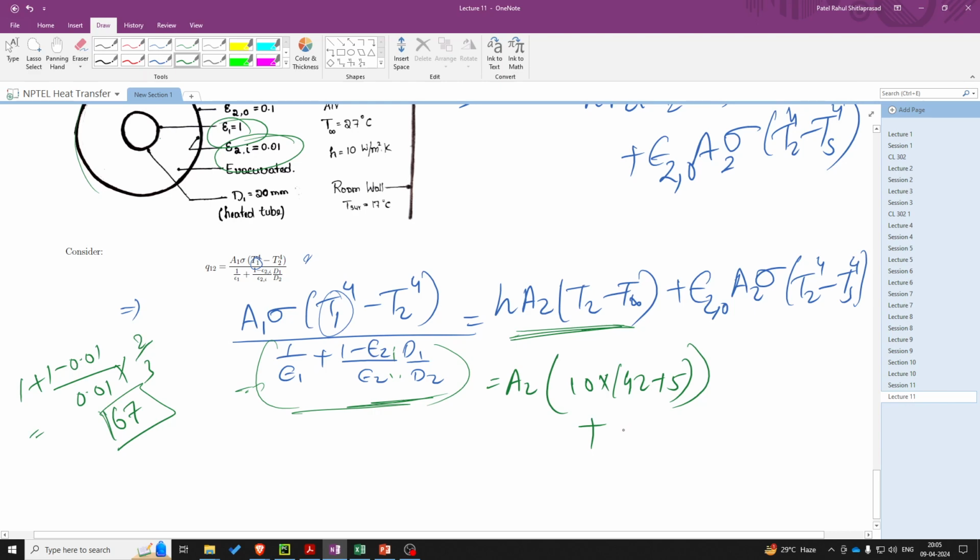Plus epsilon 2 is 0.21 into (273 plus 42) raised to 4, minus the surrounding, which is (273 plus 17) raised to 4.